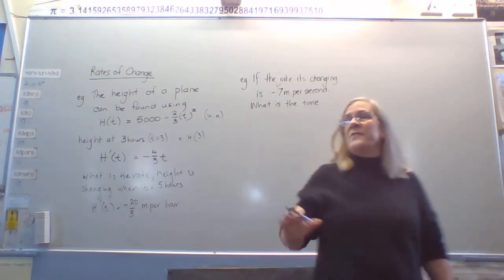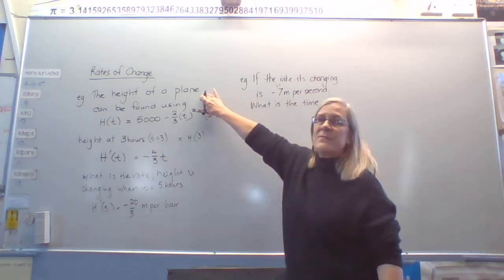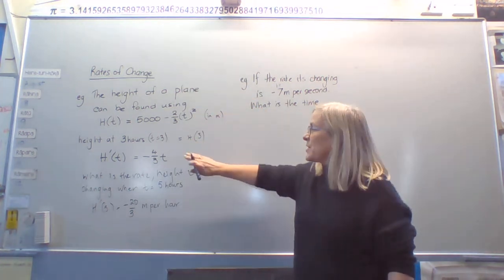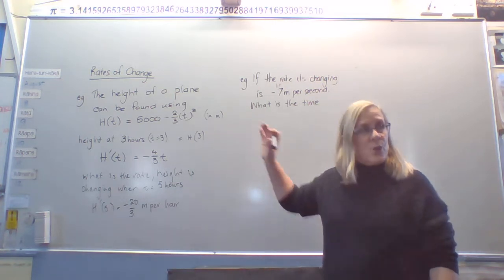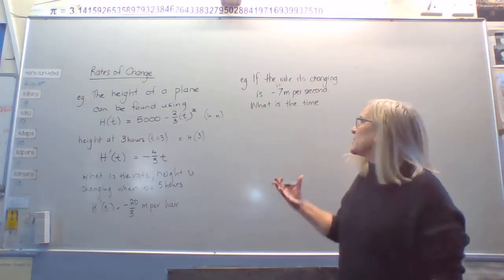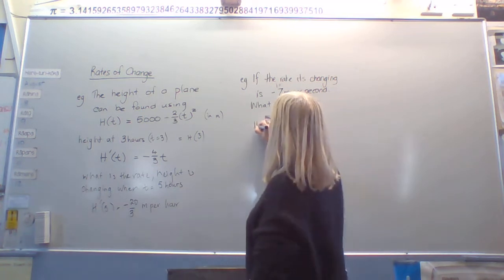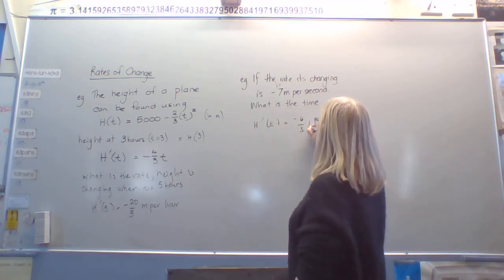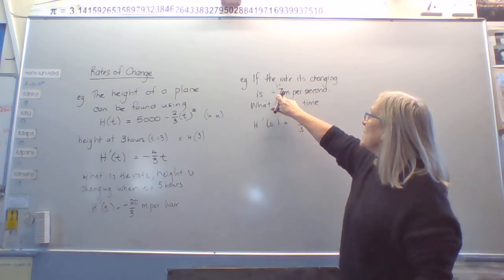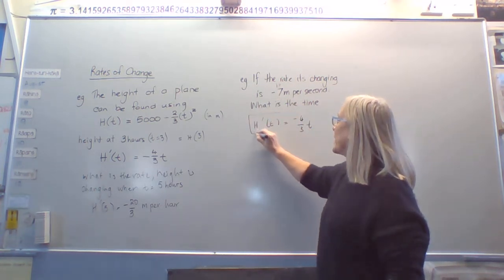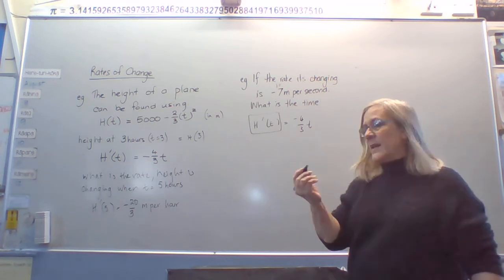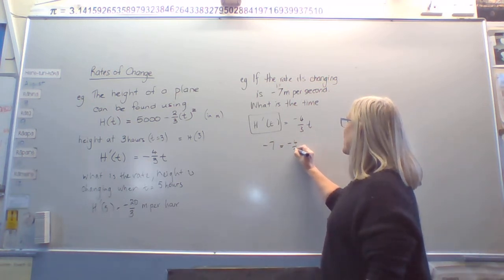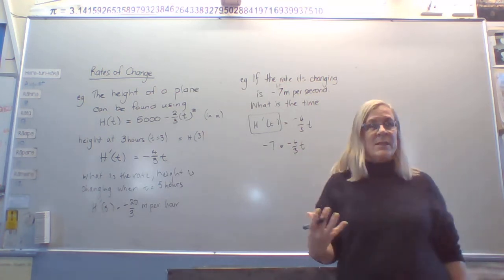If this was the question, we'd still differentiate because we are looking at the rate of change. It's our point of interest. So we've got our h dash is equal to -4/3 t. But this time, we've been told what this is. So now we're equating -7 to -4/3 t and finding out what t is.